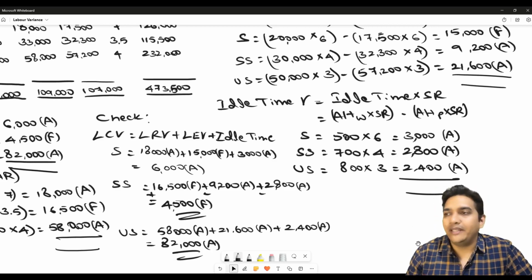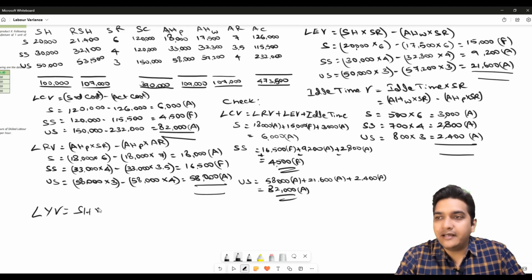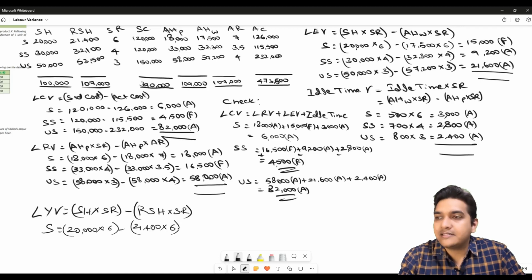Now let us move on to yield and mix. Next, we will calculate labor yield variance and labor mix variance. First, let us see labor yield variance. The formula to calculate labor yield variance is standard hours into standard rate minus revised standard hours into standard rate. For skilled, my standard hours is 20,000 into standard rate of 6 minus revised standard hours of 21,400 into 6.